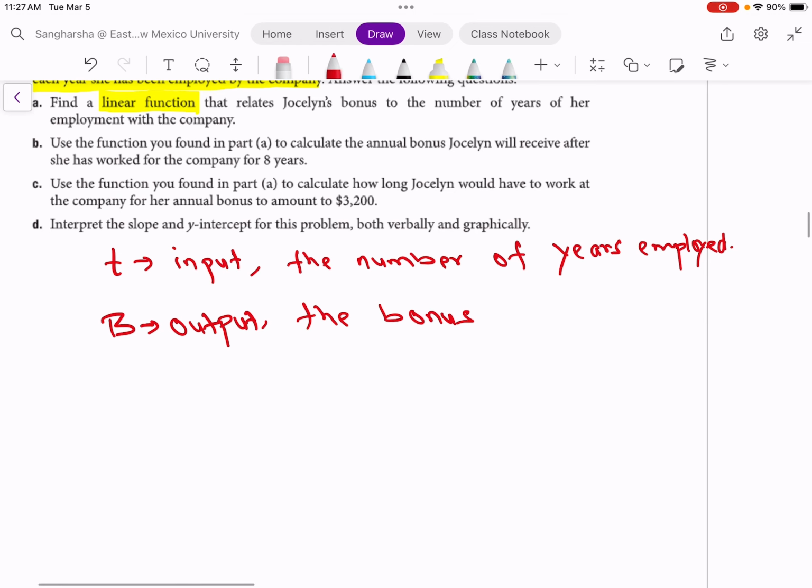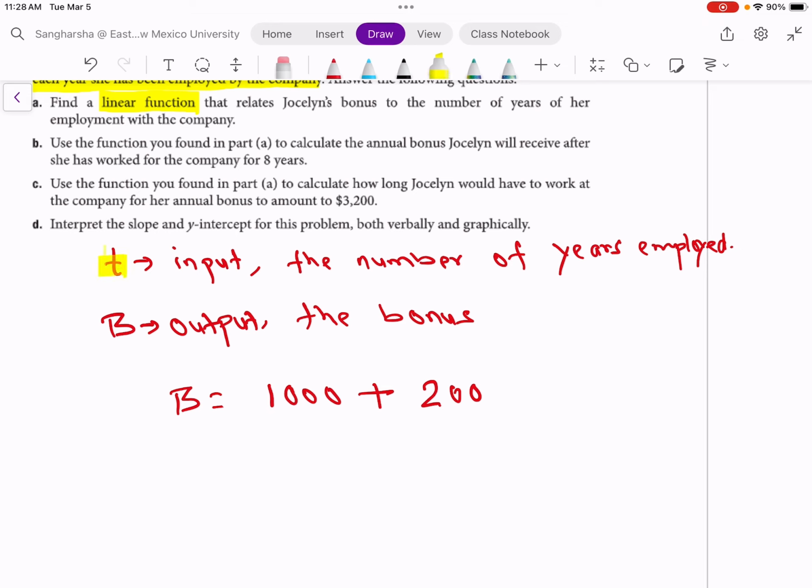So let's find the bonus for T years. Our bonus is $1,000 plus $200 for each year. What did we use for each year?